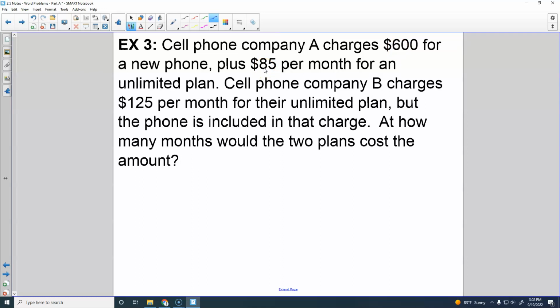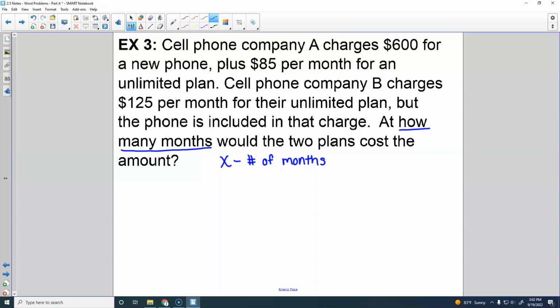At how many months? How long, right? So, x, here, the unknown, is number of months. You can usually figure out what your variable is supposed to be based on the question that's asked at the end, right? In this case, it's asking you how many months. So you don't know months, so that must be your variable.